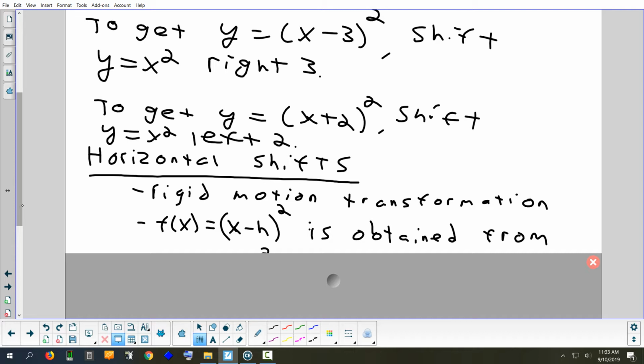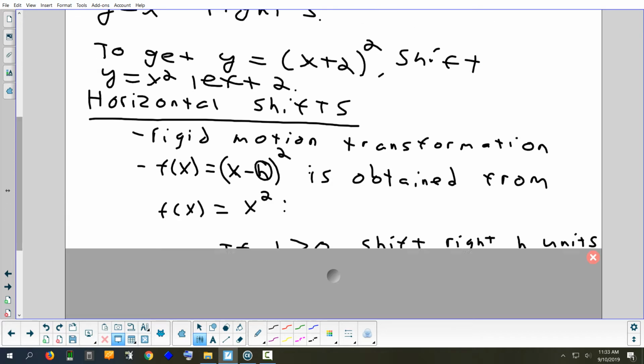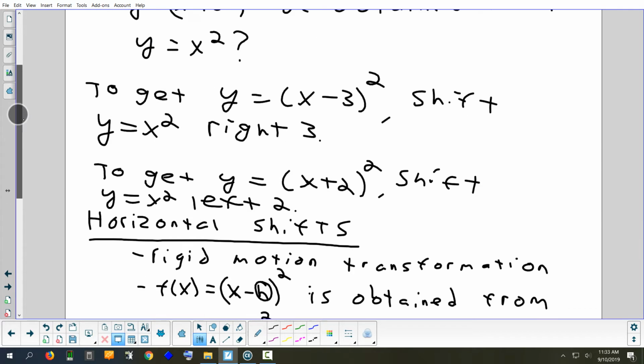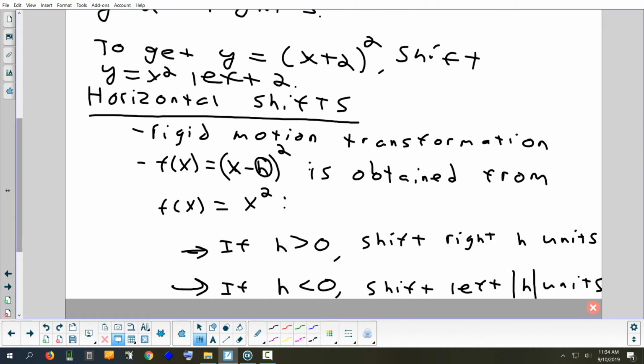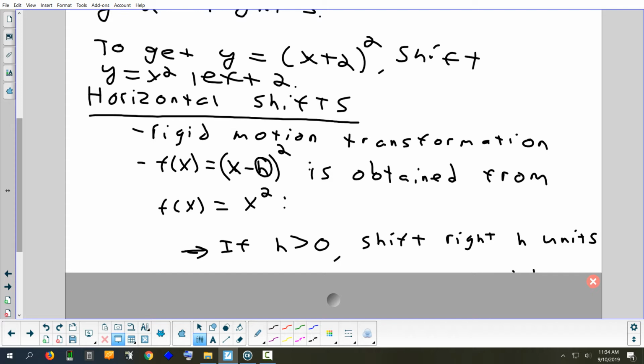Another way you can remember it, if it helps, is to think about the number after the minus sign. Let's look up at this one. Just the number, not the sign. The number after the minus sign is a 3. Positive 3, right? It goes to the right. So if the number after the minus sign is greater than 0, you'd shift right.